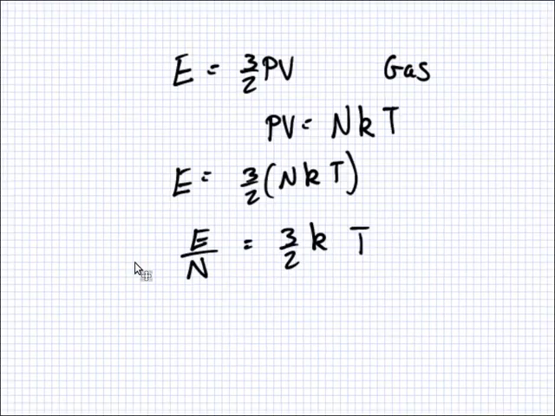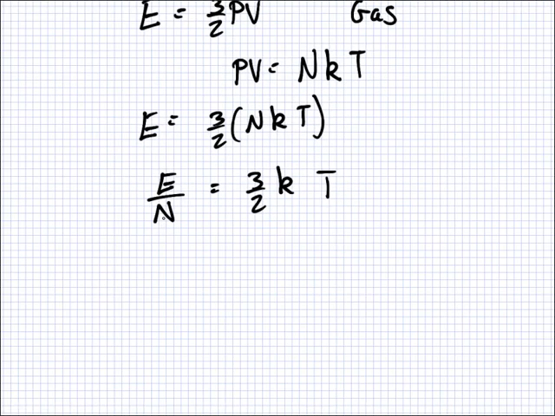Now, what do you think is the meaning of E over N? Yeah, but what does this represent? Energy per molecule, per particle. So it's kind of like an average energy, isn't it? The sort of average energy per, we'll call it molecule, yeah?